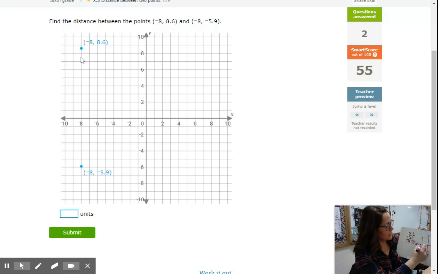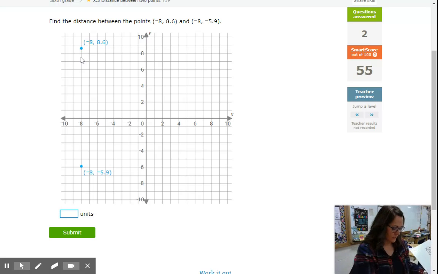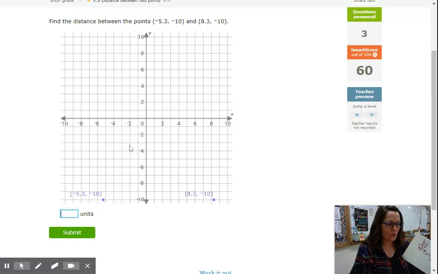How far was it then from 0 up to that point, which was 8.6, and then I just added those two lengths together. Sorry, you can't do that. Okay, so let's type that in, 14.5, and cross your fingers that I got it right. Yay! Let's do one more in this kind of more challenging zone.